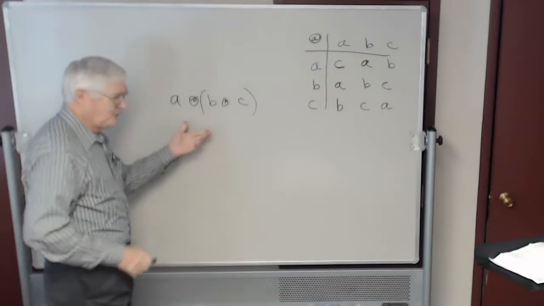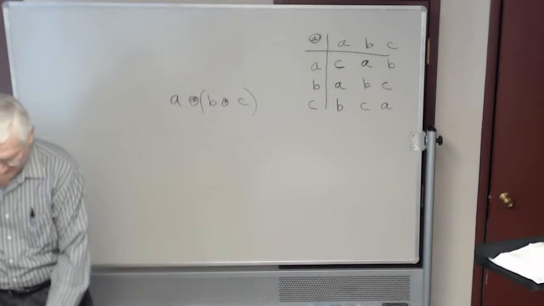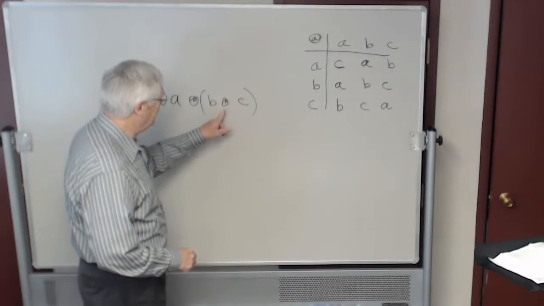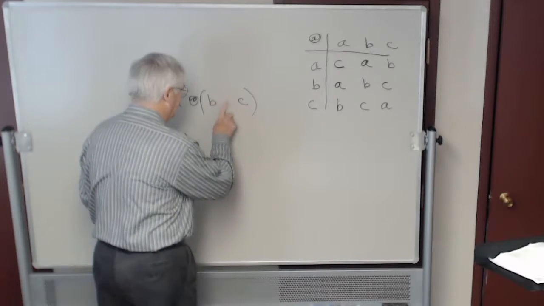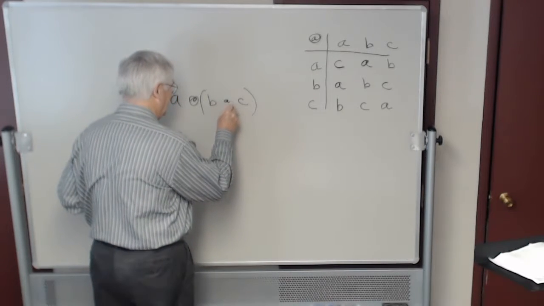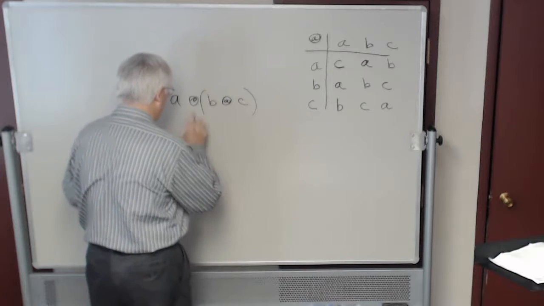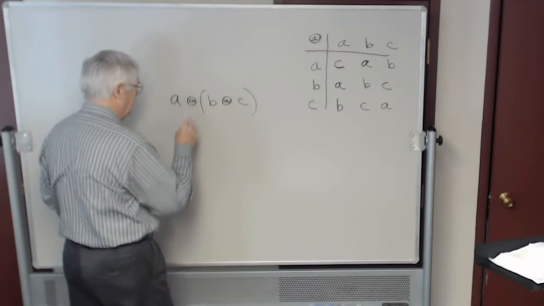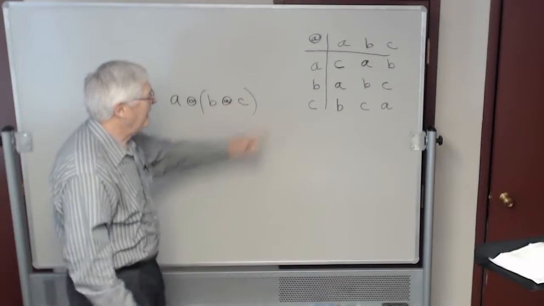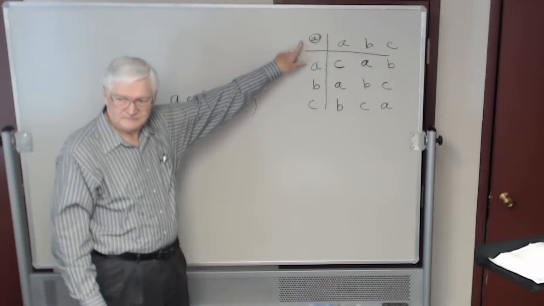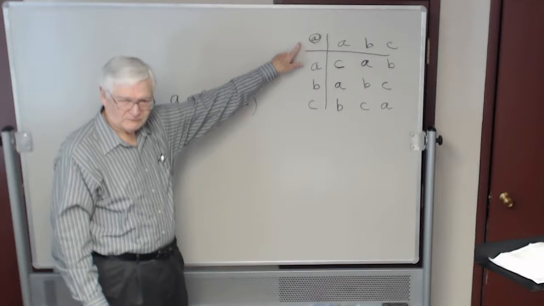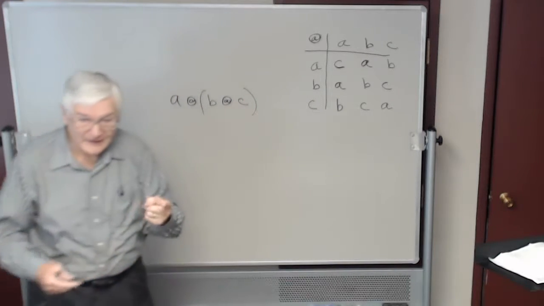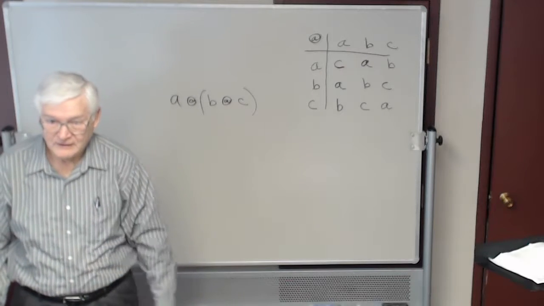So, what do I do first? B at C, and then I take that answer at A. And this is our operation. The only operations you're familiar with are add, subtract, multiply, and divide?